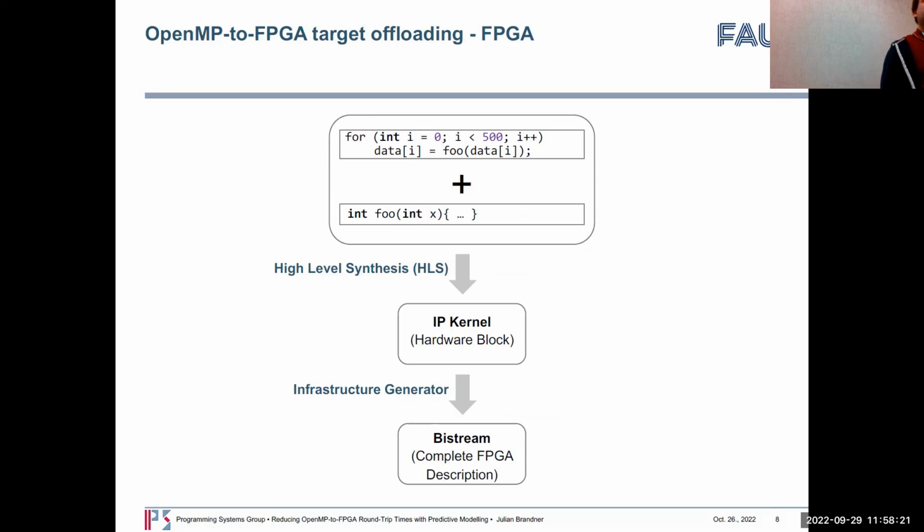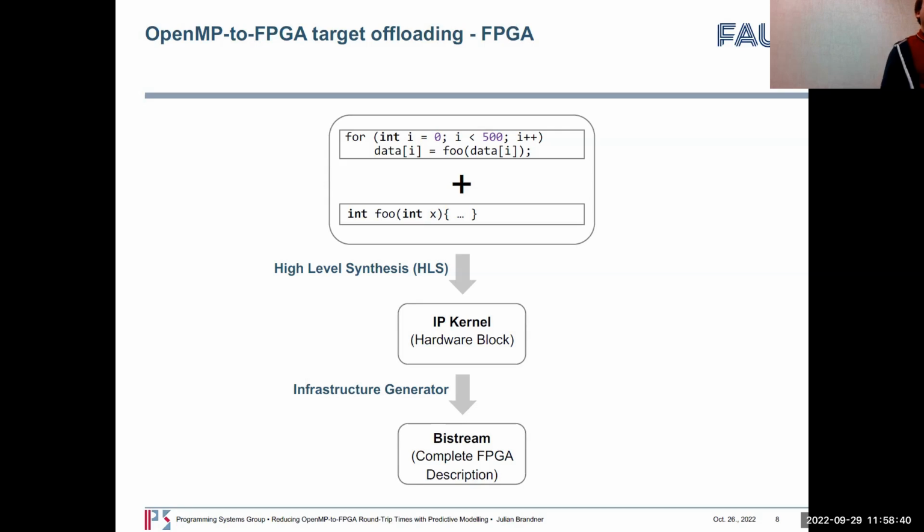So you would pass your mechanism over all the target regions then? Exactly, yeah. You could apply our mechanism on every target region separately. So that means that you have to change the bit stream each time you execute?